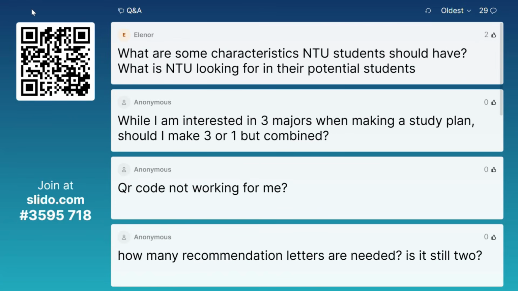So what are some characteristics NTU students should have? What is NTU looking for in their potential students? Good grades, but also just be yourself. You can express yourself and strengthen your strengths, and diligence, definitely. Your personal statement and study plan are your chance to promote yourself and show you're a good fit for the program.